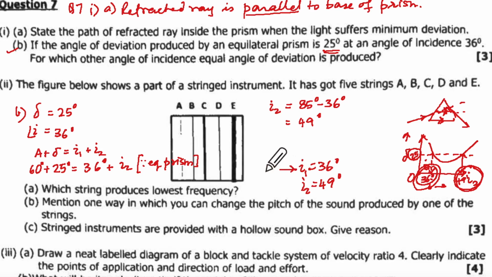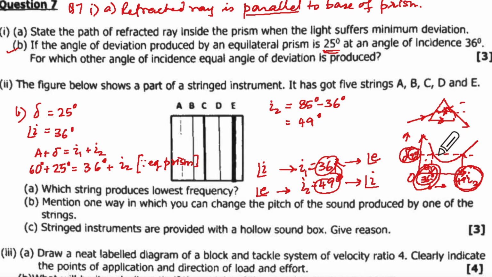So this is your angle of incidence and this one is your angle of emergence. So by reversibility of light, if this becomes the angle of incidence, then this will become your angle of emergence. These values get interchanged. Did you understand? Yes, ma'am, but for both of them, my delta will be the same.